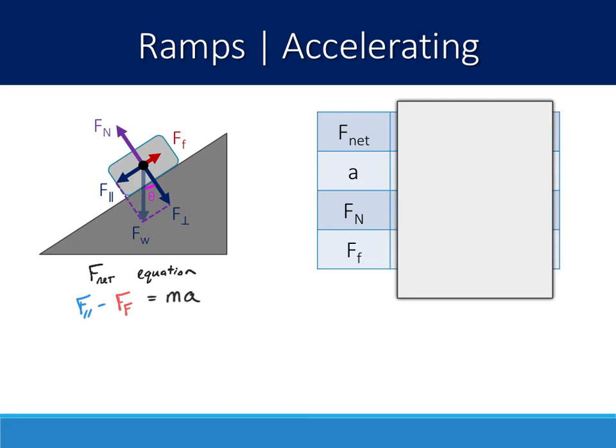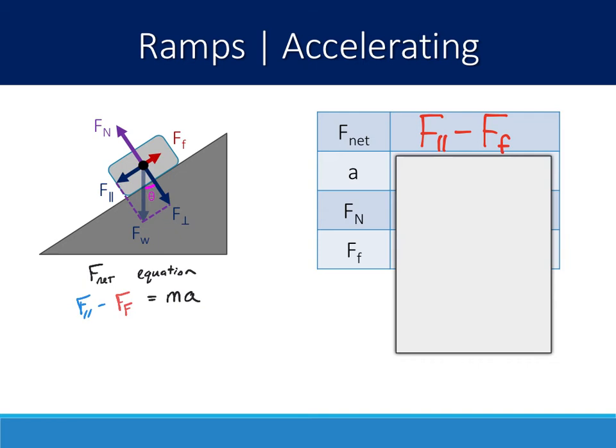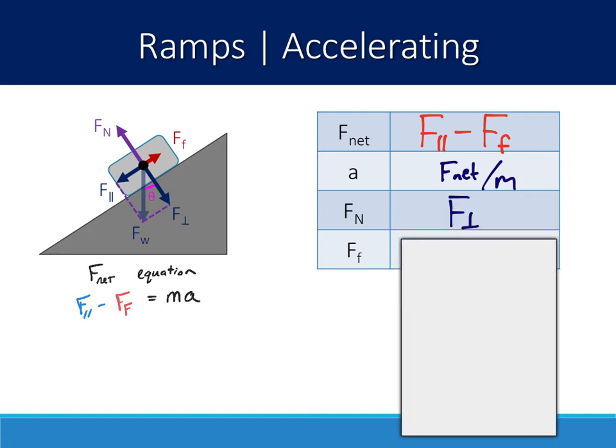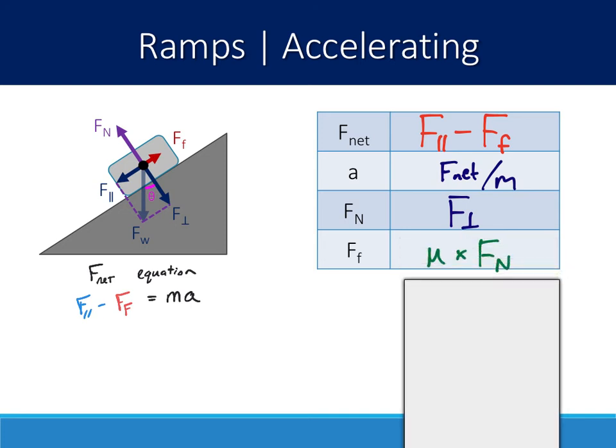So I need to be able to identify what those are and then work backwards to figure out my acceleration. The force net is going to be my parallel force minus my frictional force. The parallel force is larger, so it should accelerate down the ramp. Acceleration then is going to be whatever that net force is divided by mass. And my normal force is equal to my perpendicular, and my force of friction is the coefficient times normal force.